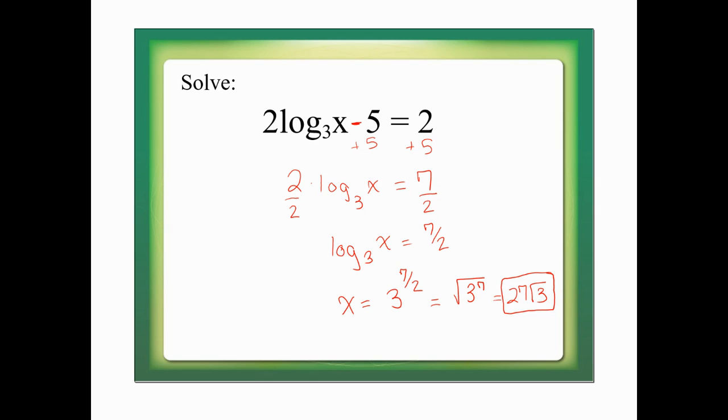As a decimal approximation, you can just use your calculator and you will get x is approximately 46.765. All right, let's look at our next problem.